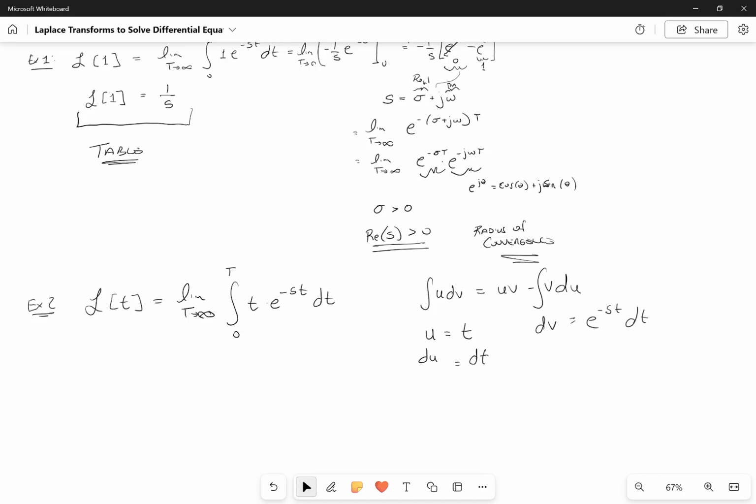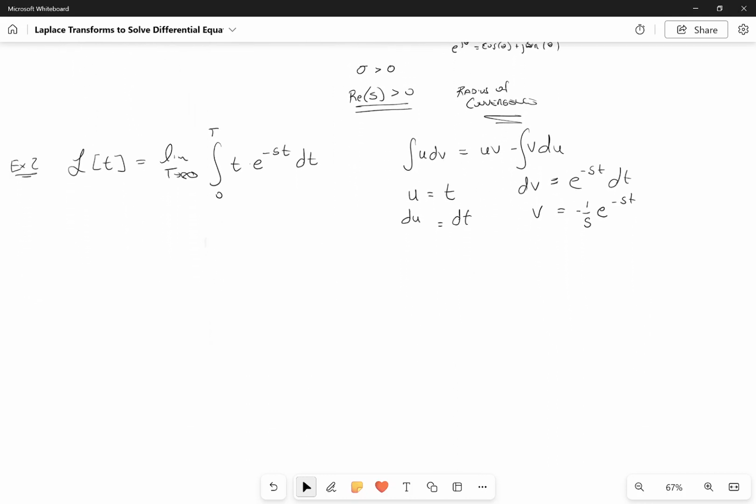If you integrate that, then v equals negative 1 over s e to the negative st. That is, we integrated both sides of dv equals e to the negative st dt. So v equals that, and now we can sub in our formula.